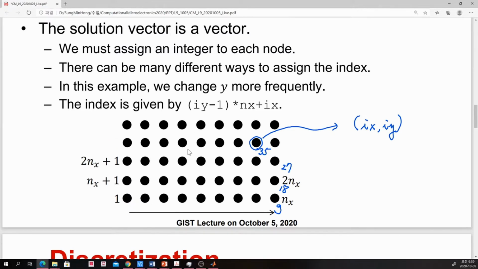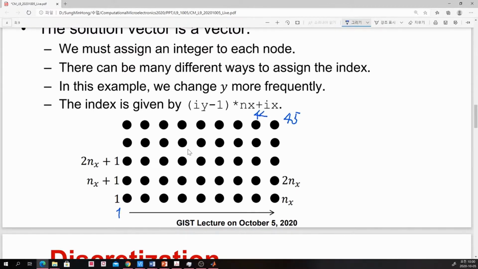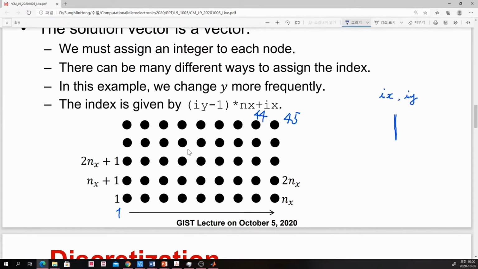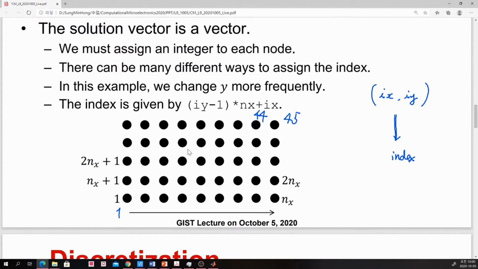Anyway, in this case, we have labeled them all, starting from number 1 and ending up with 45. If I have a certain index pair ix, iy, then it can be easily converted into a certain index, and this index is used to specify the location inside your solution vector.